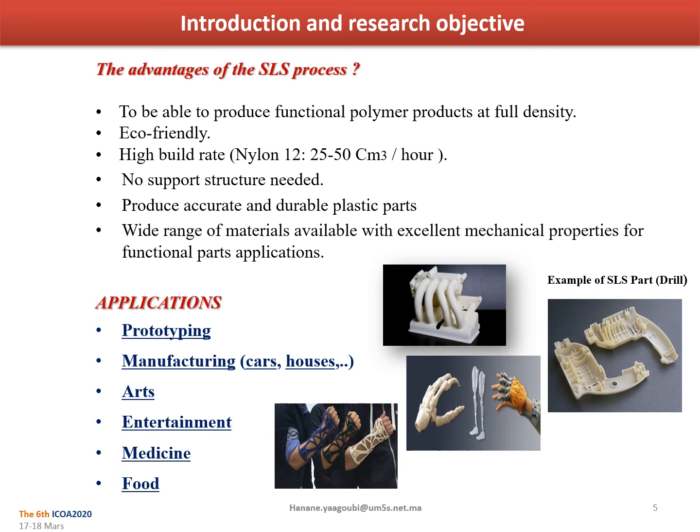So this technology is very recognized and well established, especially in the industrial sector, such as prototyping and manufacturing of cars, houses, etc. And in the arts fields, entertainment, medical sector, food, etc.